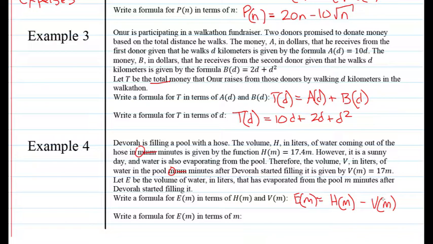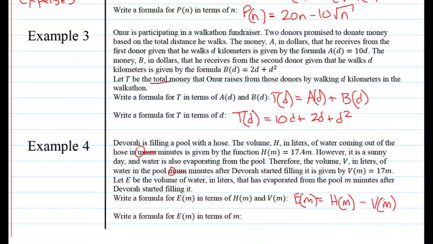So 100 liters has come from the hose into the pool. I looked at my pool and I say, hey, that's weird. My pool only has 95 liters, even though I know that 100 liters came from the hose. That means I know exactly how much evaporated. How much evaporated then? 5.